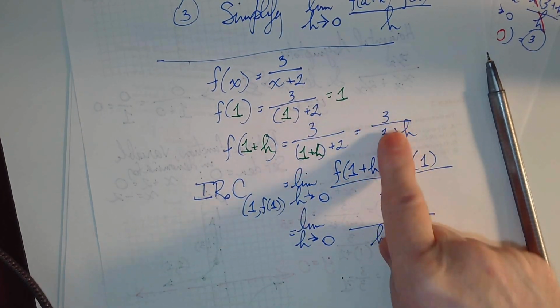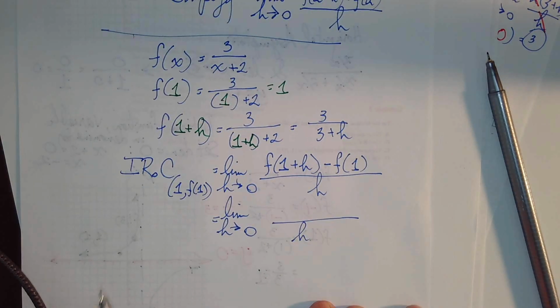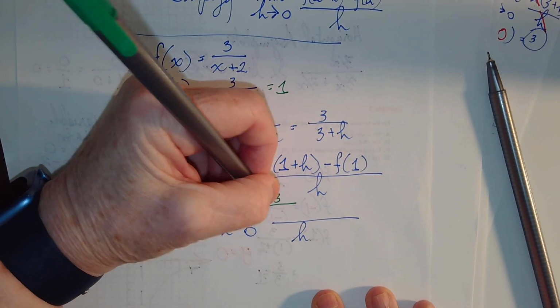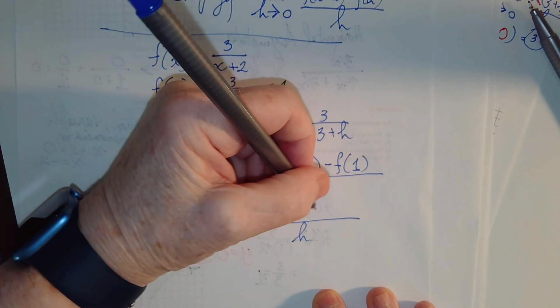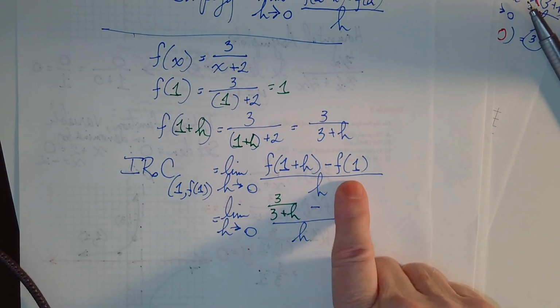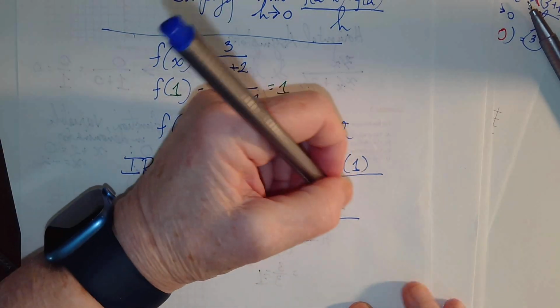F of 1 plus h, that is 3 over 3 plus h. And f of 1 is just 1.